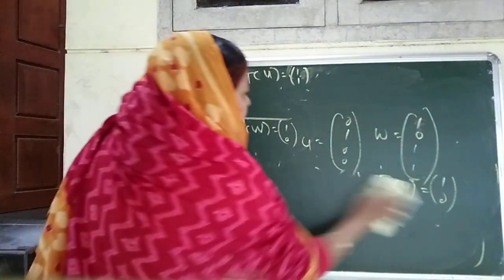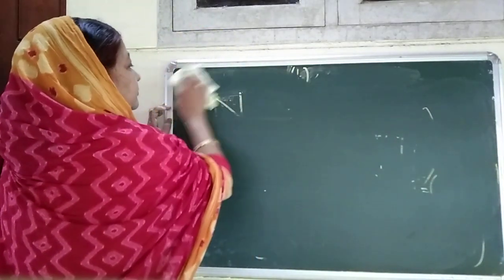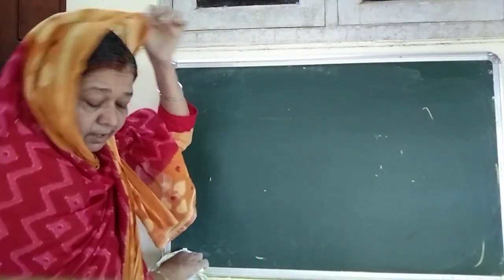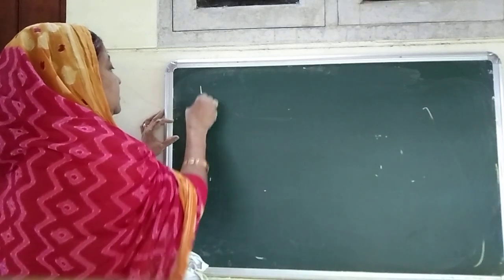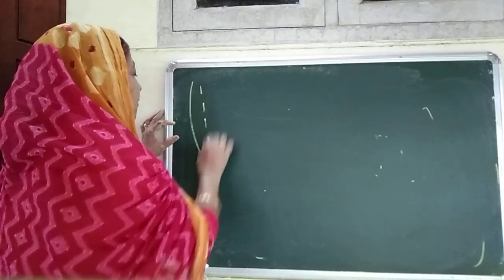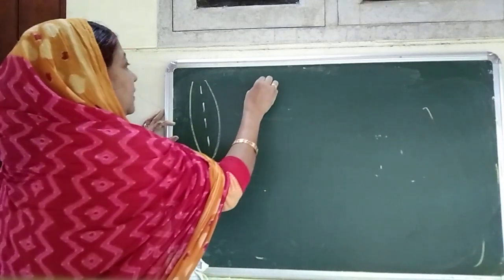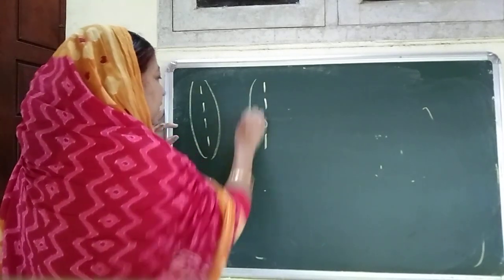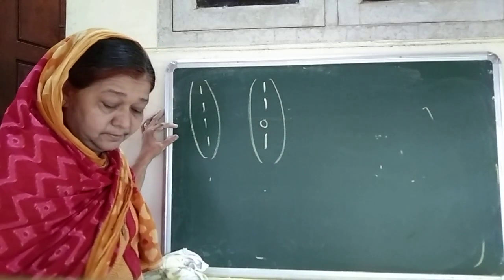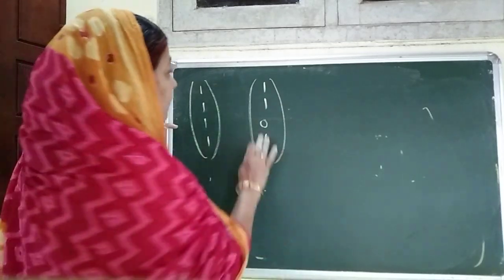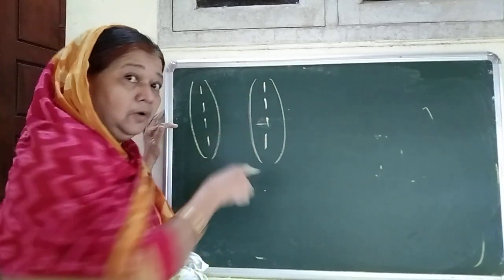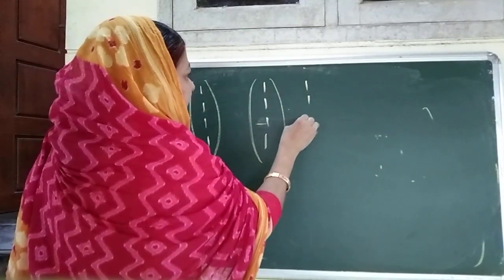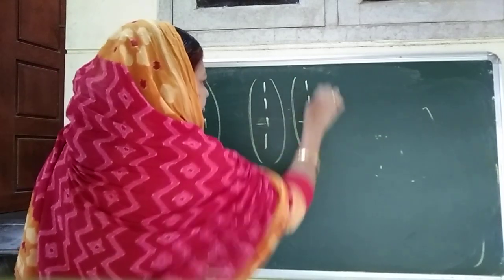Then consider a 4 cube. We can see that there are so many points: 1 1 1 1, then 1 1 1 minus 1, 1 1 minus 1 1, then 1 1 minus 1 minus 1.